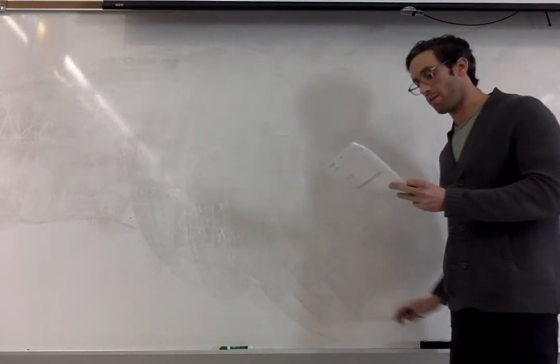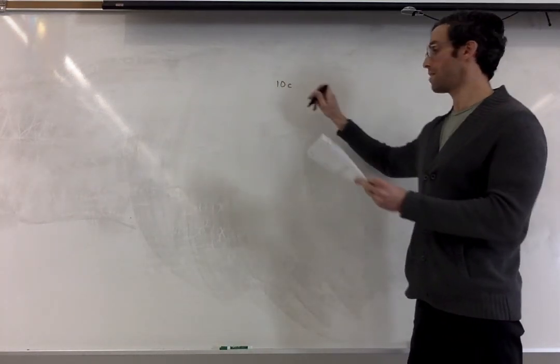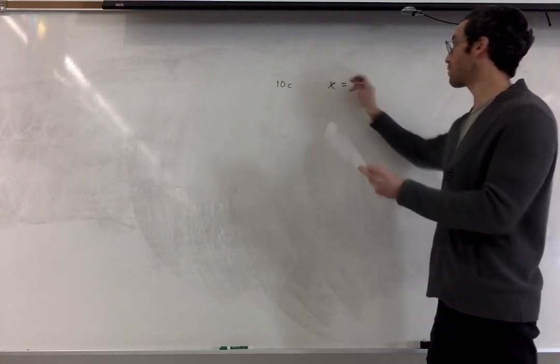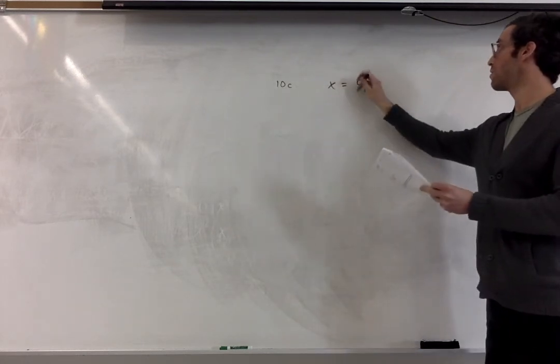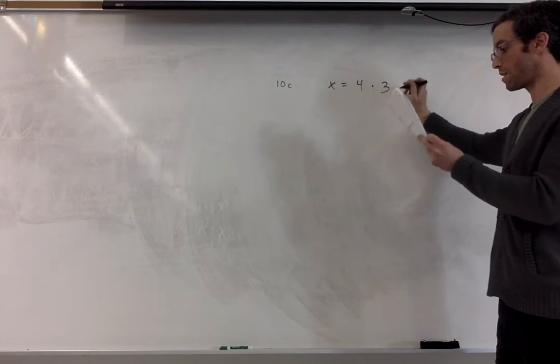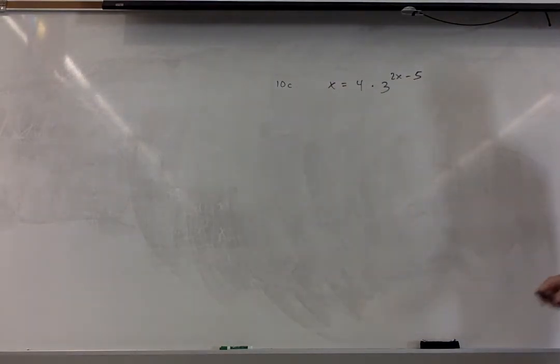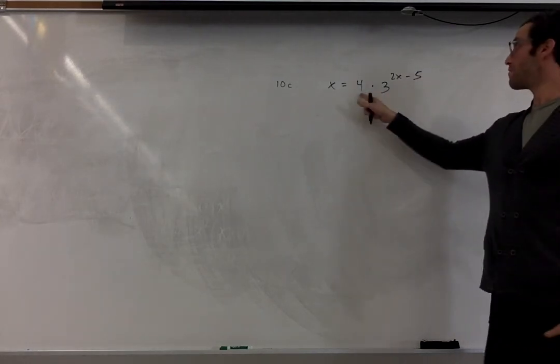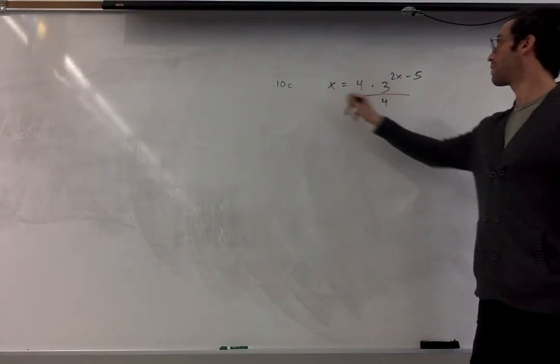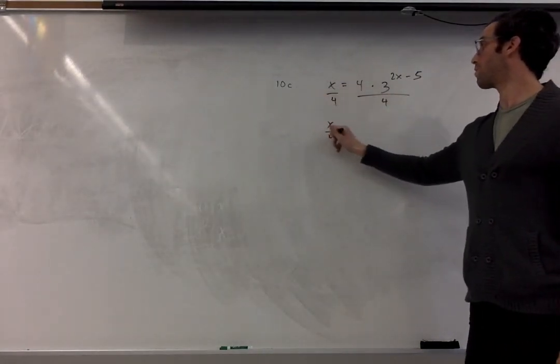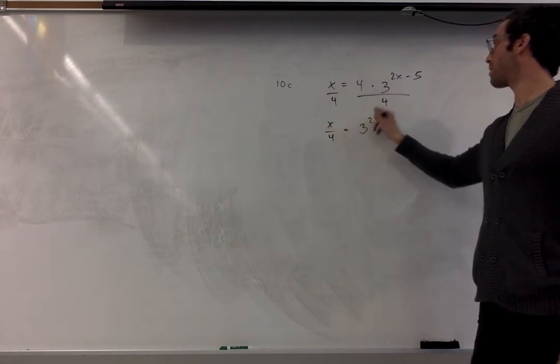All right, and the last one for number 10 is 10c. So this is an exponential function, switching x and y first. So 4 times 3 to the power 2x minus 5. So the inverse is going to be logarithmic, right? So we'll start by dividing by 4. X over 4 equals 3 to the power 2x minus 5.